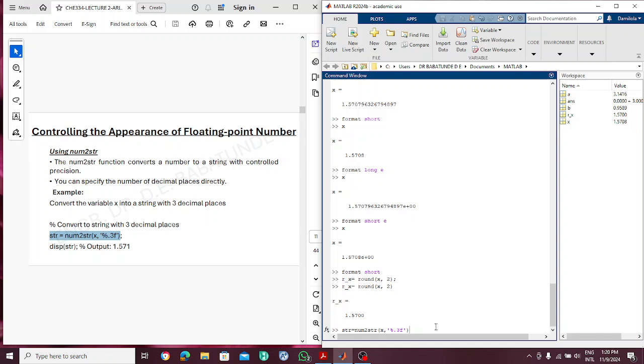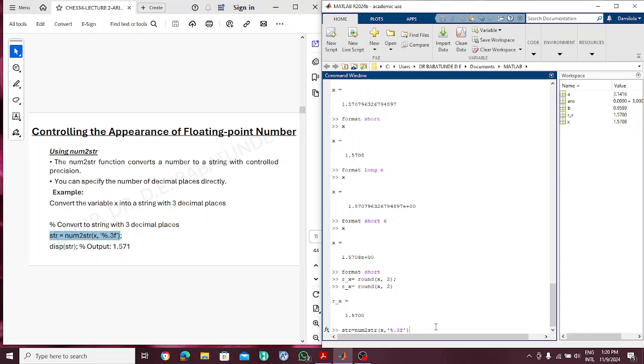Now, what we supply to convert x to a string is that we call the function num2str, and we supply the variable x followed by the specifier.